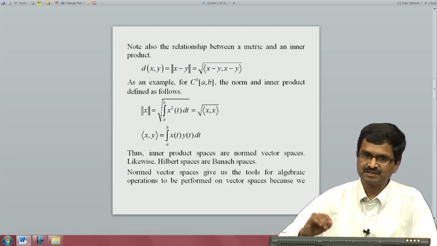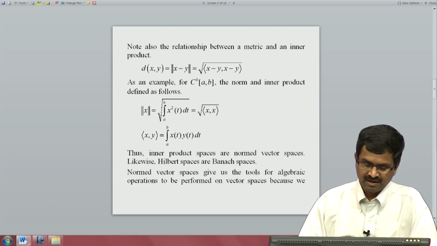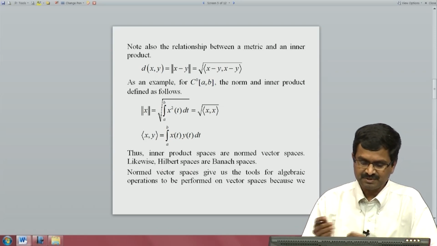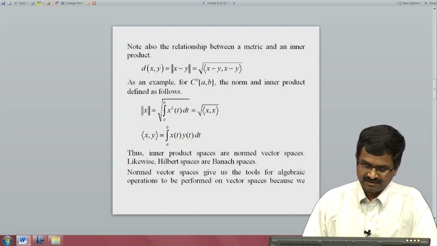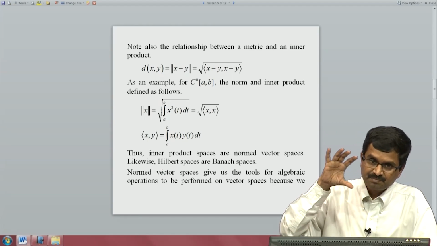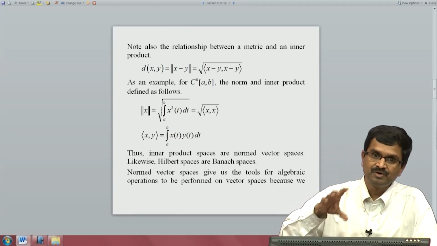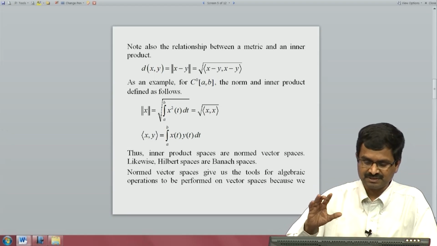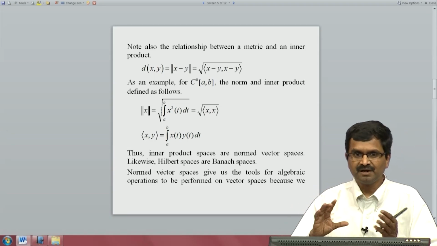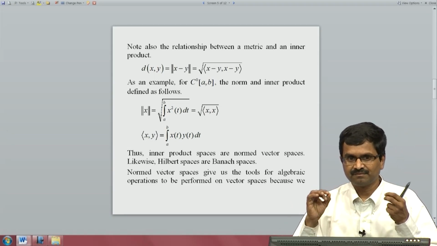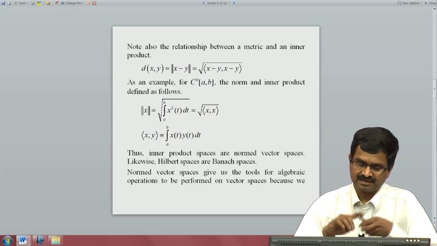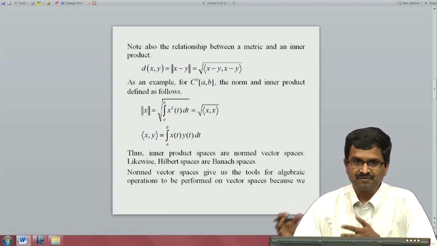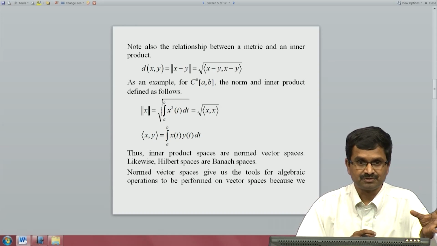So a complete inner product space is a Hilbert space, and Hilbert space and Banach space are important in our optimization. As I said, whatever space we search should be a Banach space. Banach spaces and Hilbert spaces are not particular spaces, but they are categories of spaces. Like we can say Banach spaces are vegetables and Hilbert spaces are fruits, right.